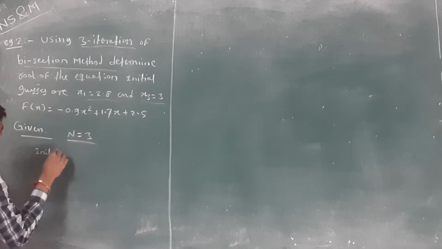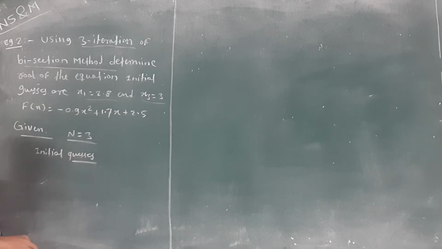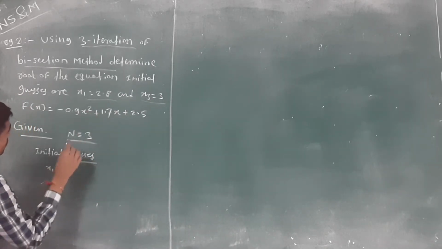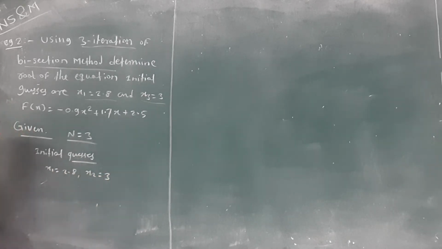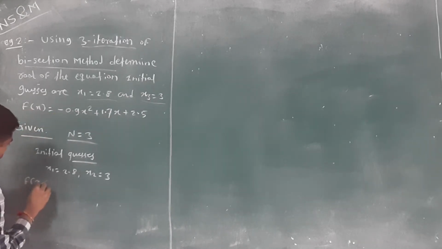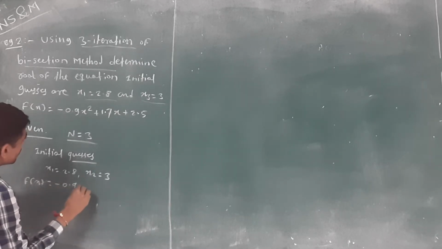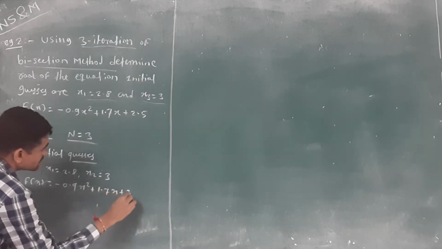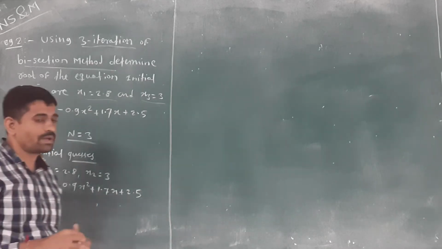If initial guesses are not given, then we have to assume them. As in the last lecture, the initial guesses are x1 equal to 2.8 and x2 equal to 3, and the function is f of x equals minus 0.9 x square plus 1.7x plus 2.5.